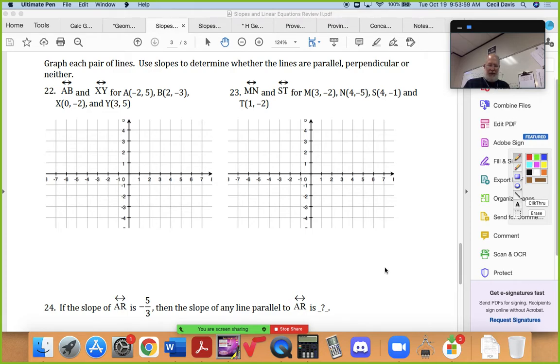Number 27, you have to rewrite the second equation so that you get y equals 3/7 x minus 10/7. So those two are parallel. They have the same slope, but not the same y-intercept. Number 28, you have to rewrite both of them.